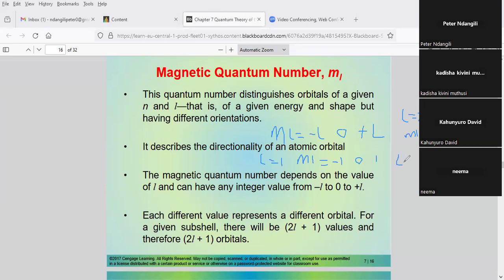When L is equal to 3, you realize that the ML values are negative 3, negative 2, negative 1, 0, 1, 2, 3. That is how we generate the ML values from the L values. Is it understood?